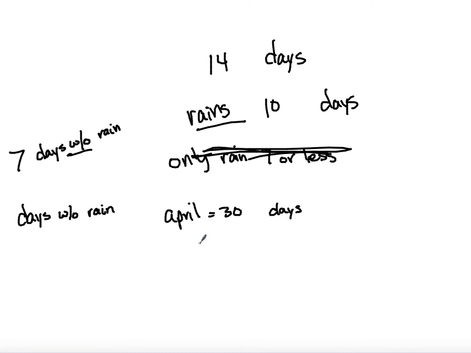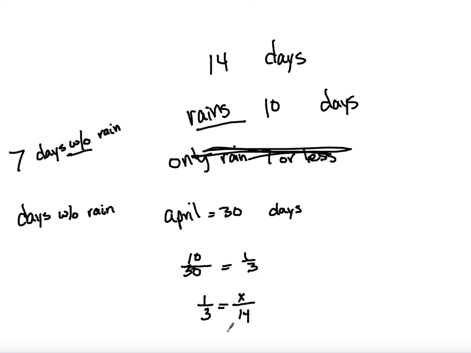So out of those 30 days, 30 is our total, it's going to rain 10, which we know is equal to 1/3. So 1 out of every 3 days, it's going to rain. And we can use that as a proportion and say, okay, well, if it rains 1 out of every 3 days and they're going on vacation for 14 days, we should be able to figure out how many days it's going to rain.